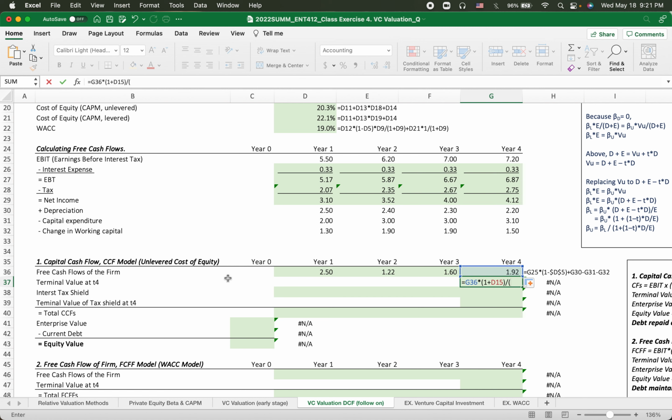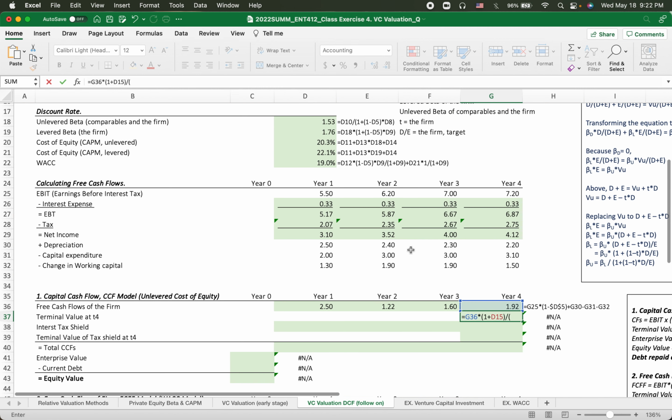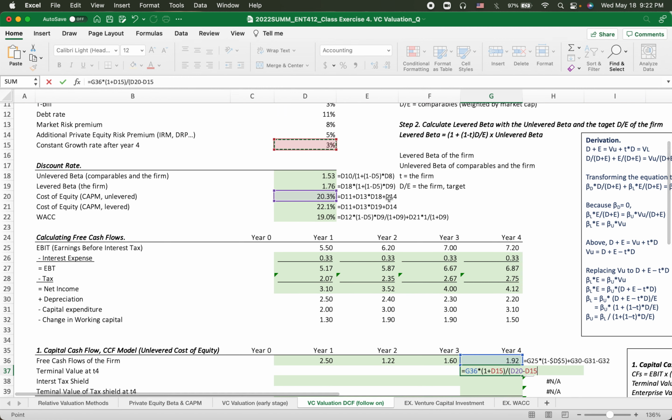And now the discount rate we need from the end of year 4, which is viewed as point 0, but for years 5, 6, 7 the cash flows will be increased by the constant growth rate, which gives the cash flow of year 5. Now we need to discount this by the unlevered cost of equity, minus the growth rate.